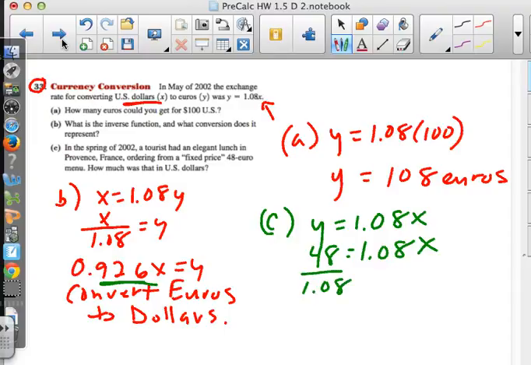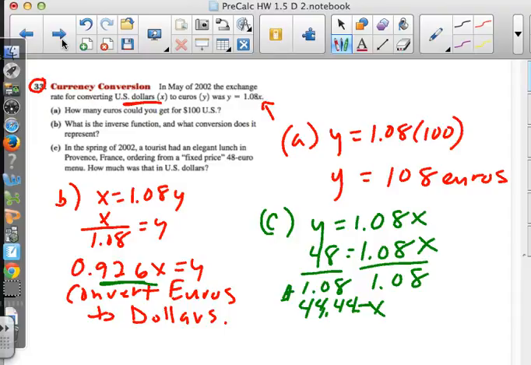So we would divide both sides by 1.08. So 48 divided by 1.08 comes out to $44.44. Since this is dollars and cents, we would not go 3 decimal places on this.